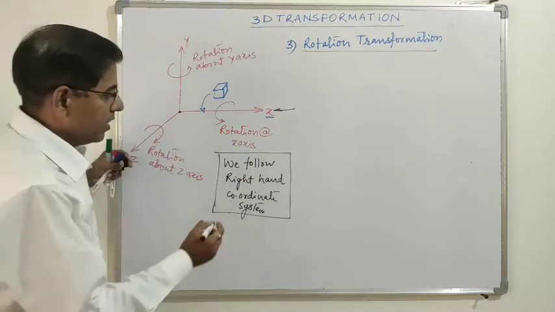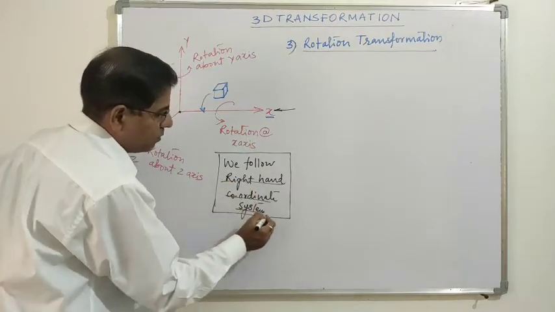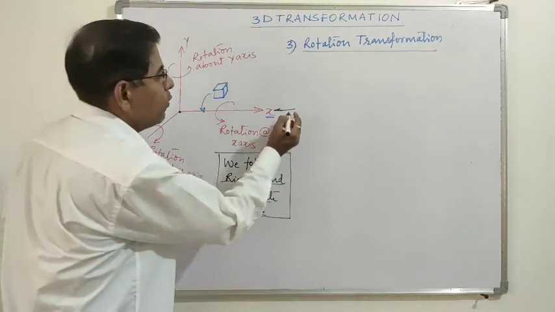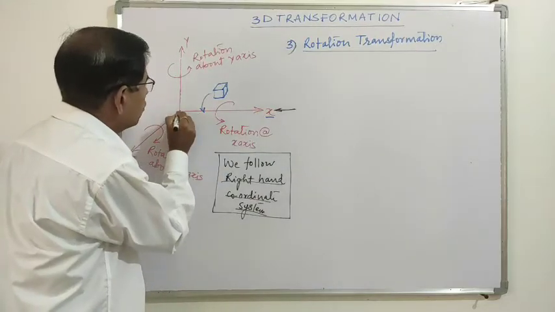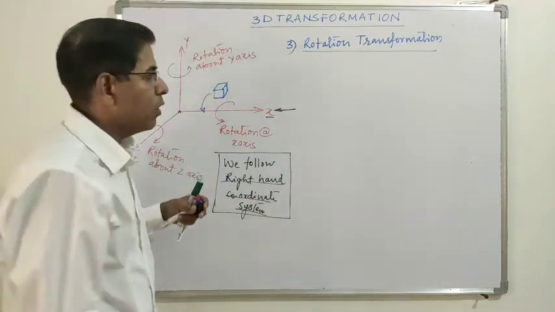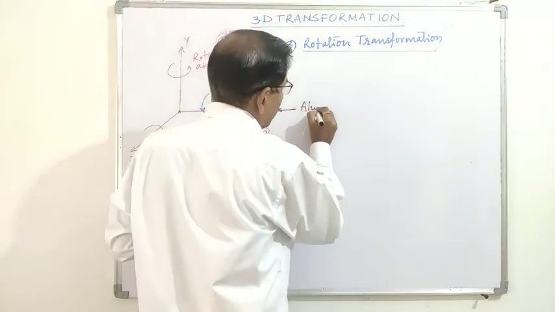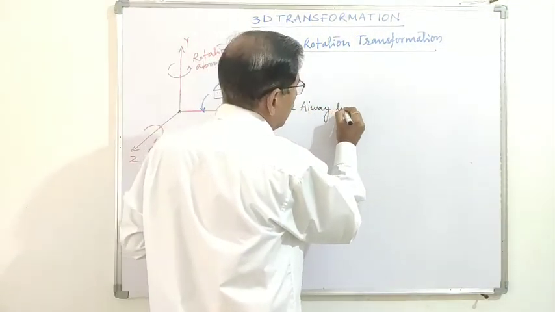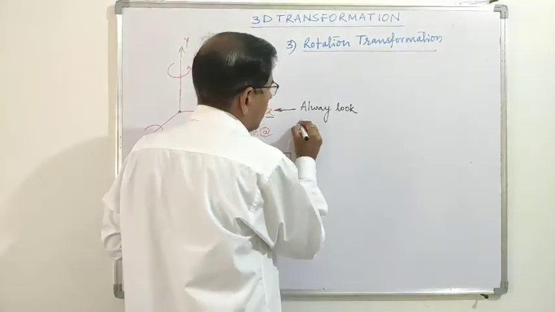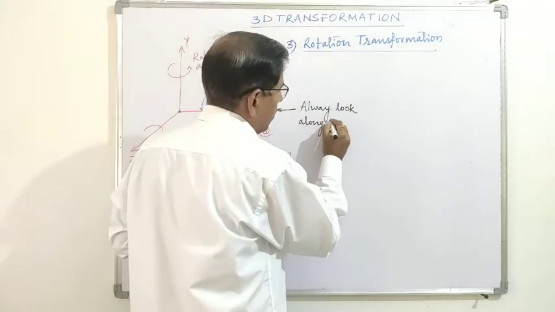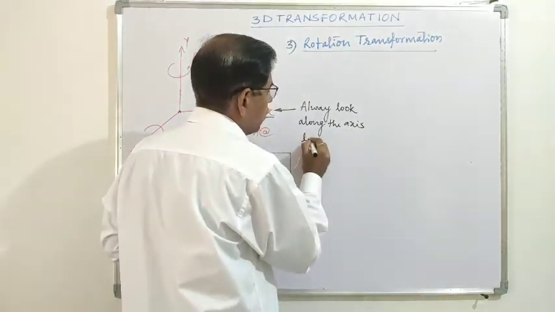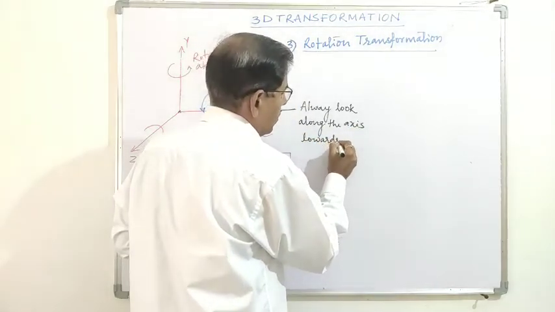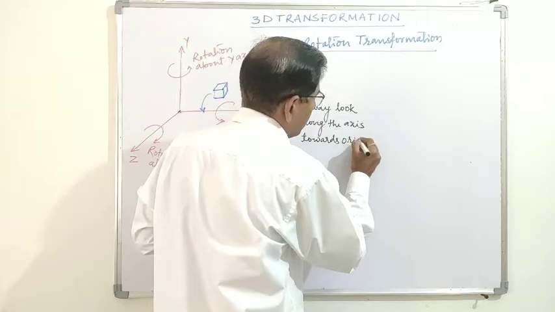The right hand coordinate system tells us always look along the axis towards the origin.